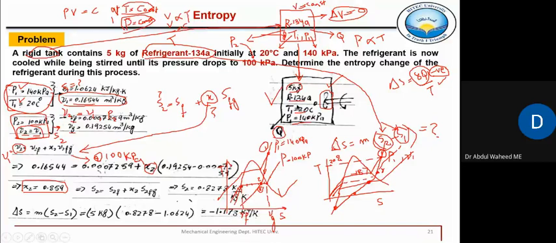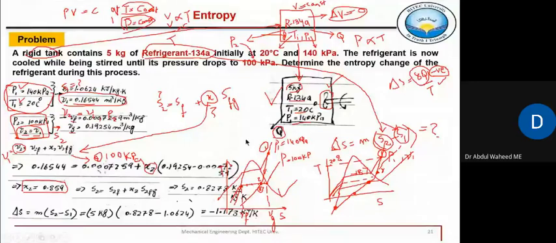But at the same time, this heat is going into the surroundings. So the surroundings are absorbing this heat, and the entropy of the surroundings will rise because the randomness or disorderness on the surroundings side will increase.